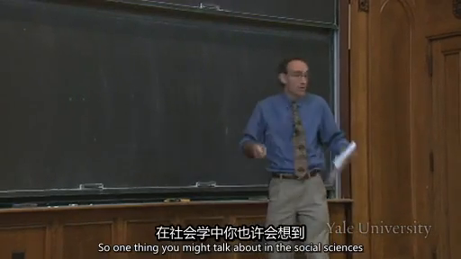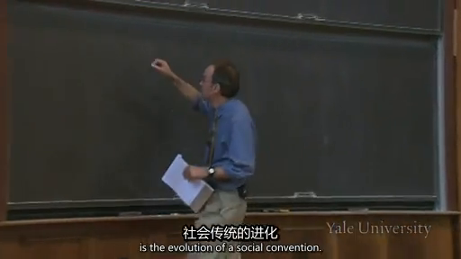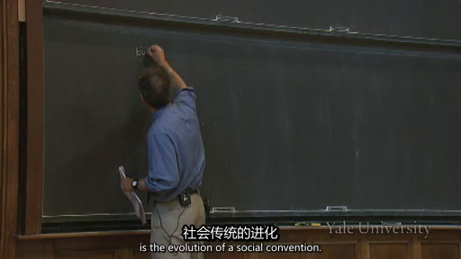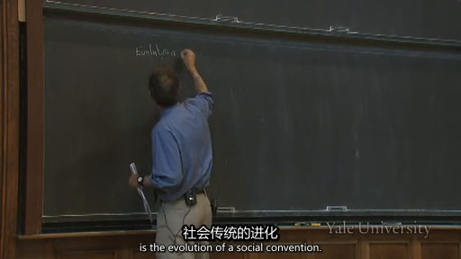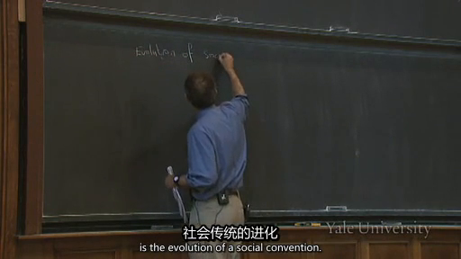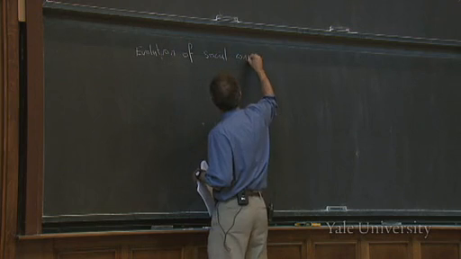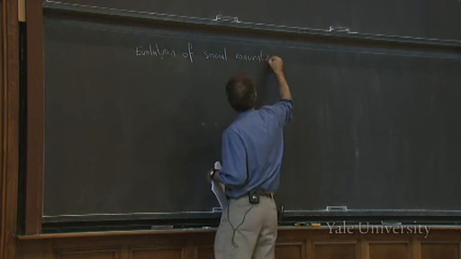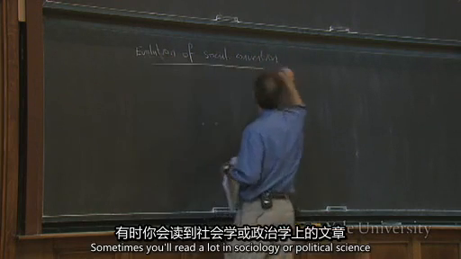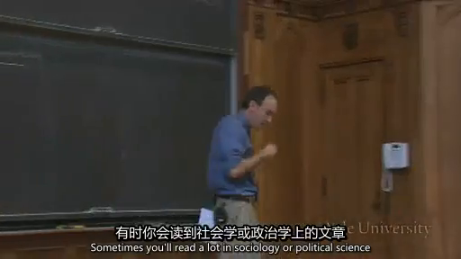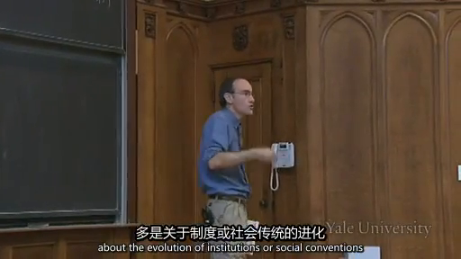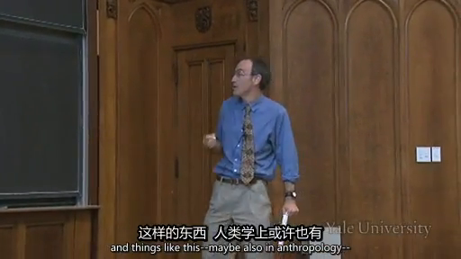One thing you might talk about in the social sciences is the evolution of a social convention. Sometimes you'll read a lot in sociology or political science about the evolution of institutions or social conventions and things like this, maybe also in anthropology.